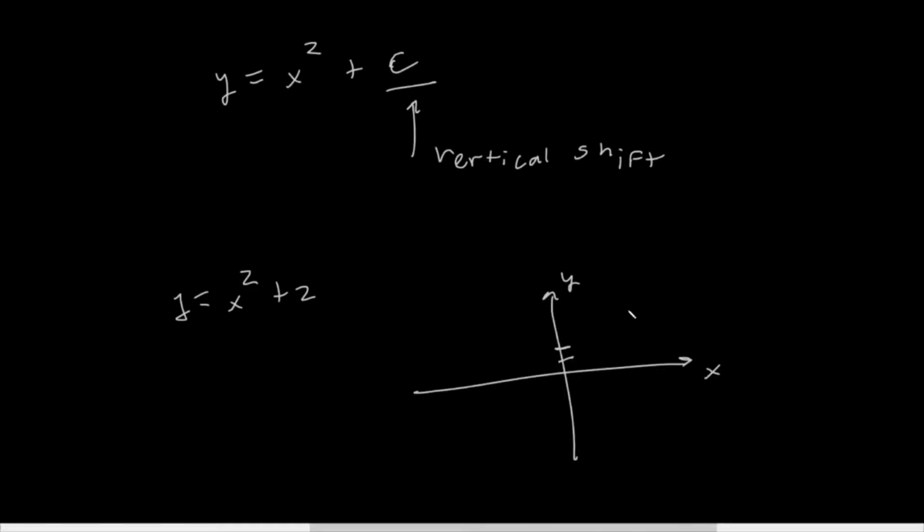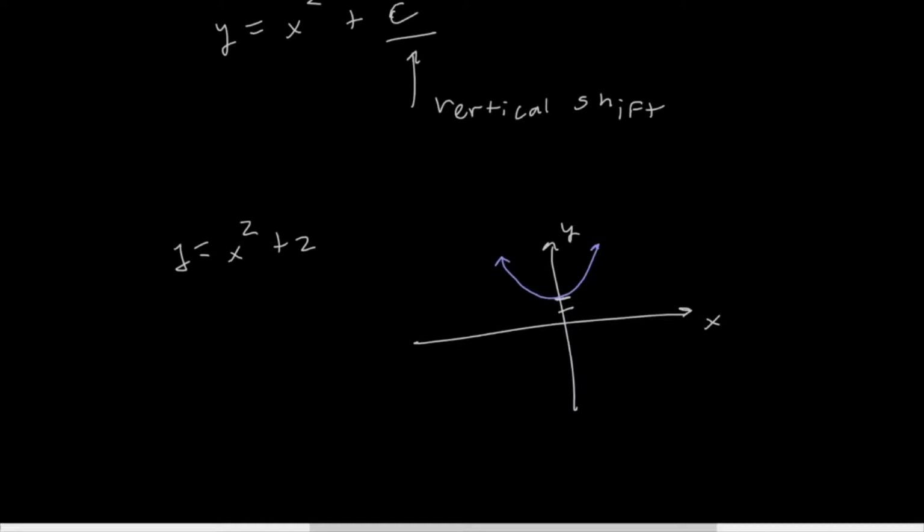Can anybody see my screen? Okay, sweet, cool. So instead of the vertex being at 0, the vertex will be at 2. We have the same shape as before, it's just shifted up. And I'll show another one.